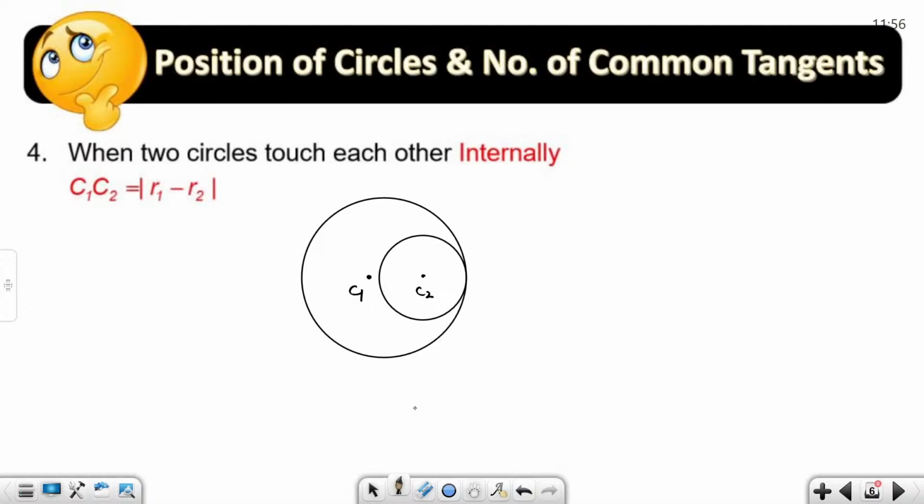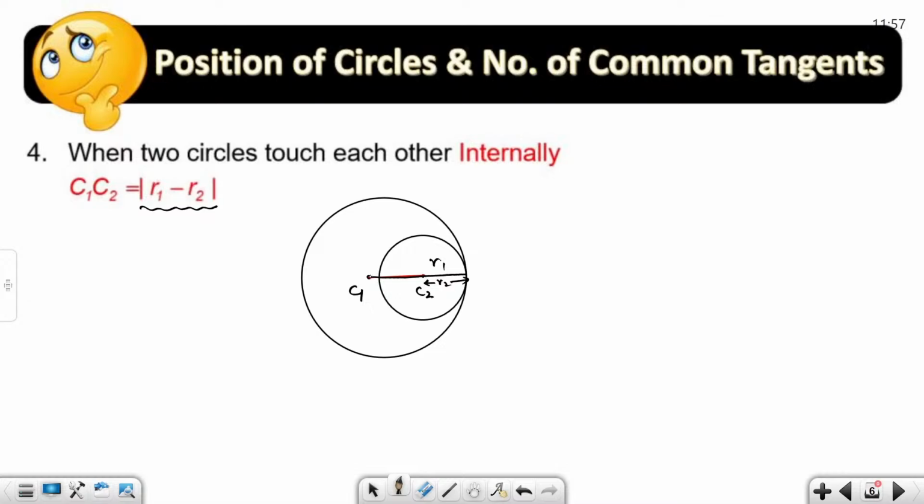Now what is the condition? Look at it very carefully. The condition is that the distance between their centers equals the difference of their radii. Why is it so? Because the radius of the first circle, let us say, is R1, and the radius of the second circle is R2.